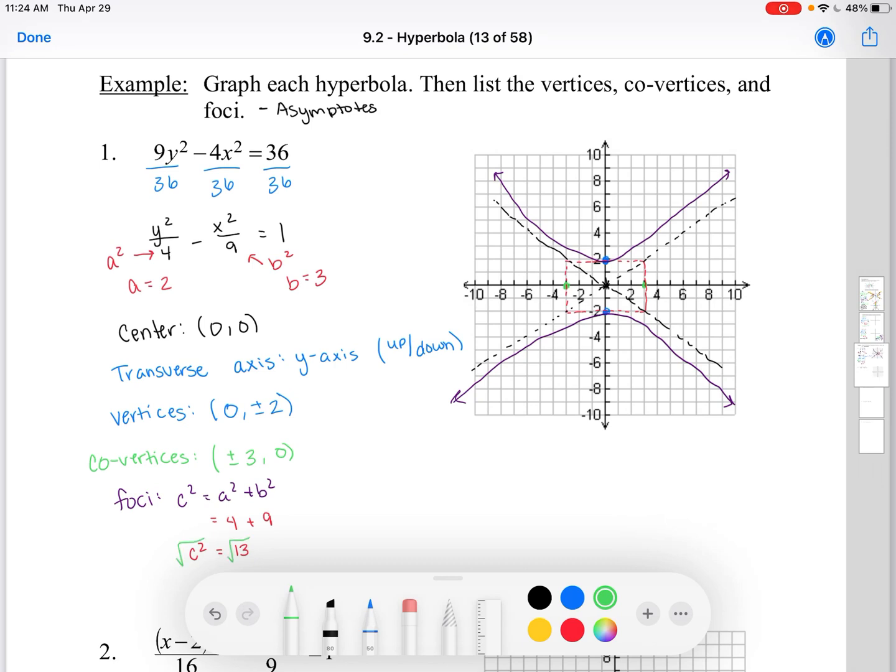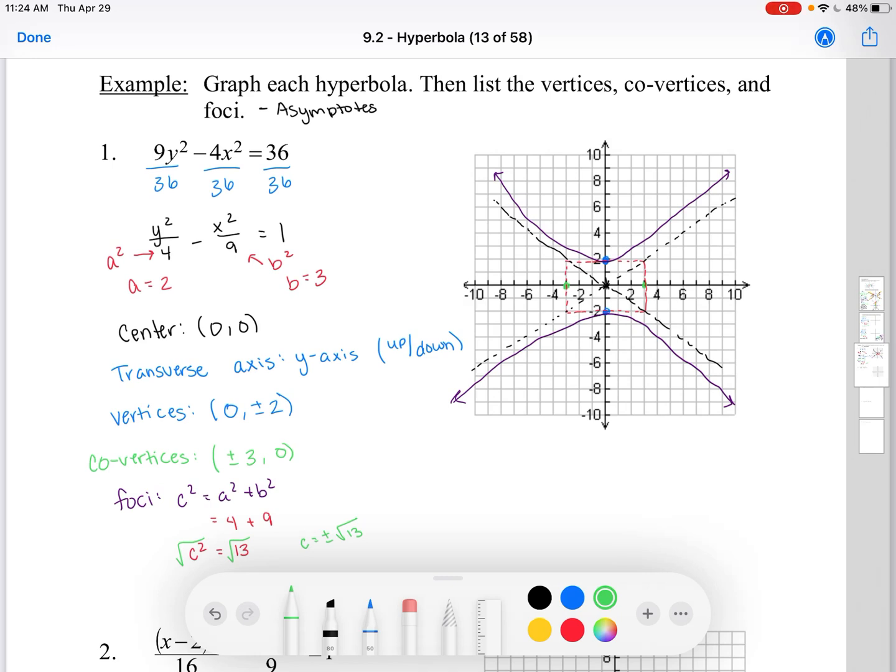I'm not looking for c squared though, I'm looking for c, so my c is going to be plus or minus the square root of 13. What that means is from my center point, I'm going to go up and down, following my transverse axis, going to go up and down square root of 13 units.